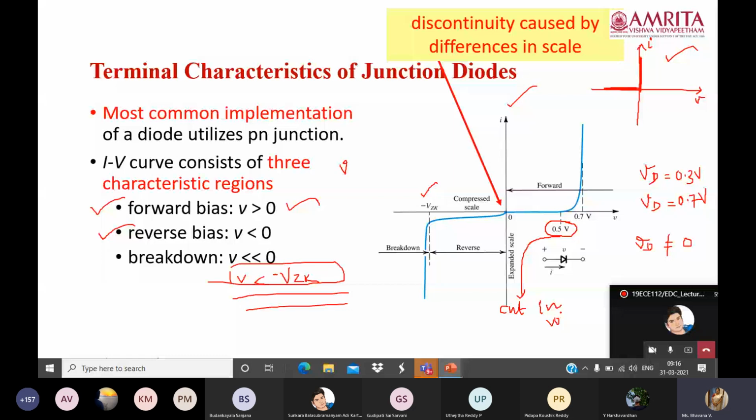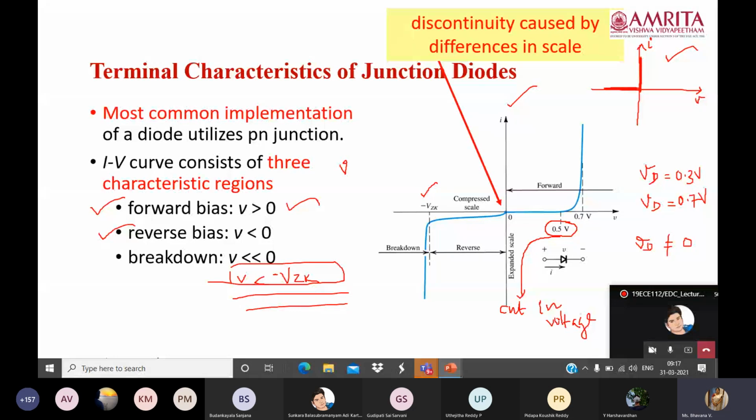In the answer paper, I used to get answers as cutting. Wrong, okay? It is cut-in voltage. So this 0.5 is known as cut-in voltage. That means till 0.5 the diode will not be conducting. When the terminal voltage becomes 0.5, the diode starts conducting. That voltage is known as cut-in voltage. Second point.